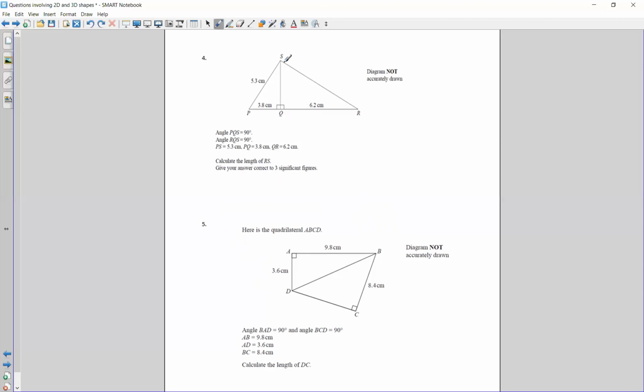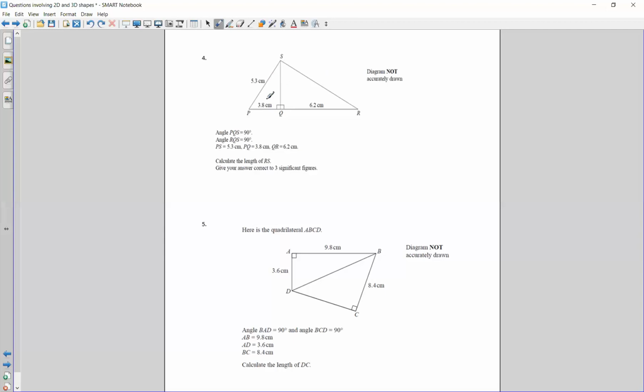And they have asked us to calculate RS. So, can you think about how to work it out? Now, in a right angle triangle, as I was discussing before, you need to have 2 sides to work on the 3rd side. Because this side is not given to me, I can't work this out using Pythagoras theorem. But hang on a minute. I've got another small triangle here, and in this right angle triangle, I have 2 sides given.